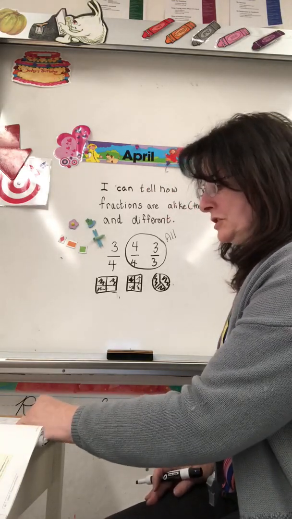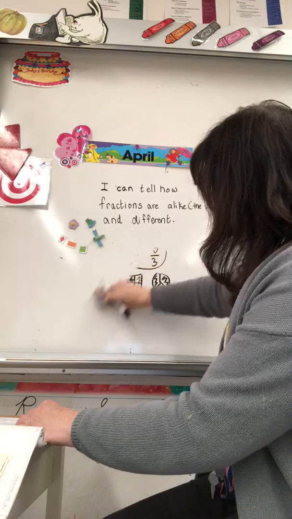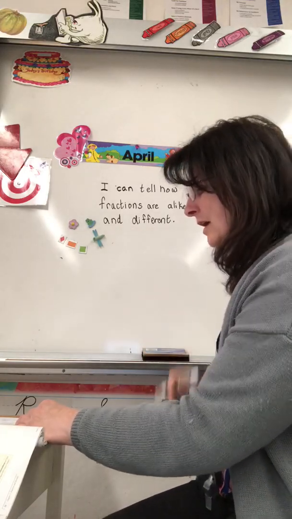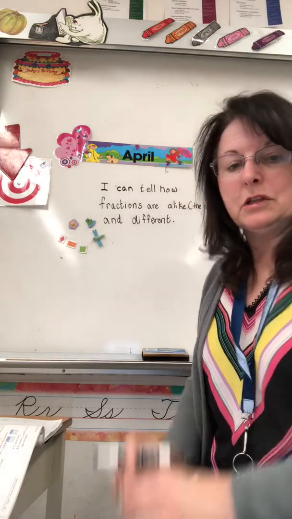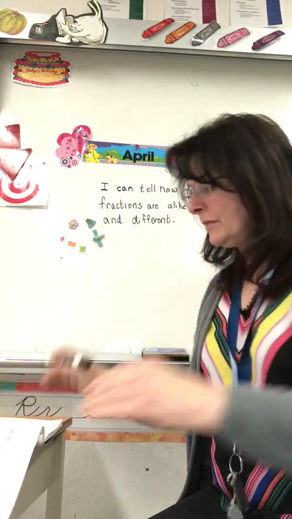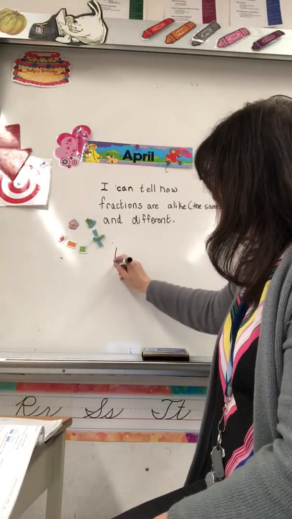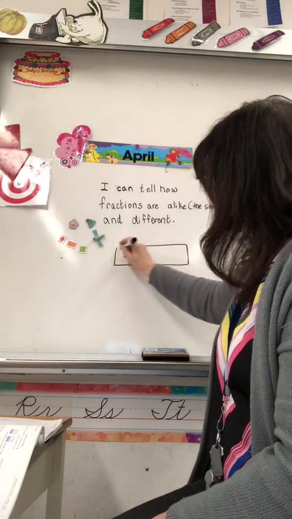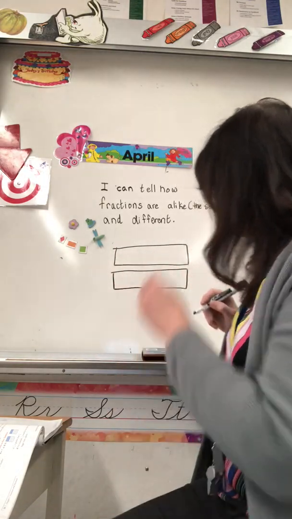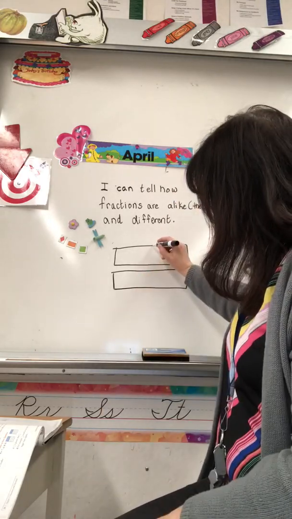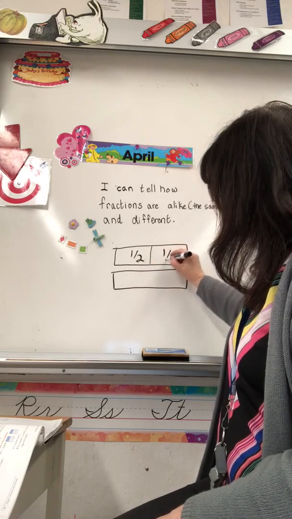Okay, so what else could we do with looking at numerators and denominators and trying to tell how the fractions are the same and how they are different? Well, one of the things you can do is use a fraction strip. I'm just going to draw this here. If you cut this one fraction into halves, here's 1 half, here's another half.